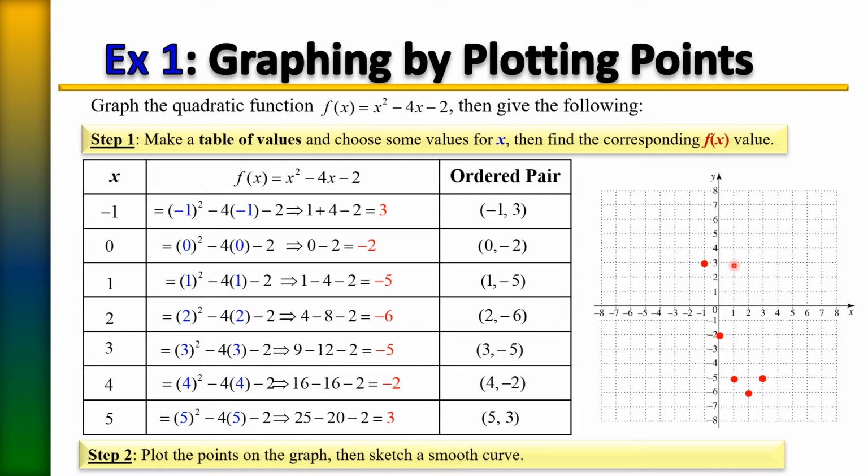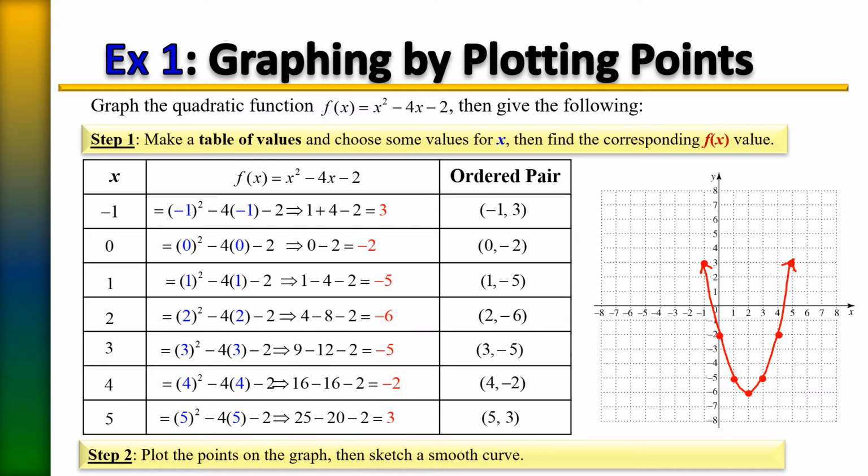We have 1, 2, 3 to the left. So that means it would make sense that it's going to be 1, 2, 3 to the right on the other side. But we can continue to plot the points we have here, and that is actually those points. So now we can see the sketch of our graph, and that is our parabola.